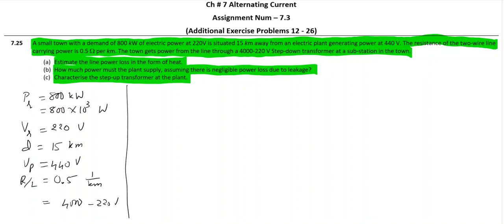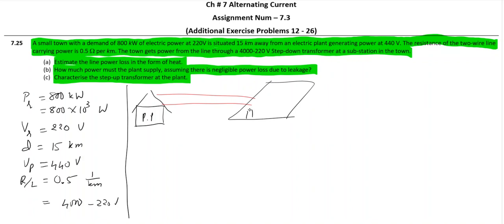So the condition is like, you have a power plant, and it is connected to a town. Say here is your town, and you have two transformers.